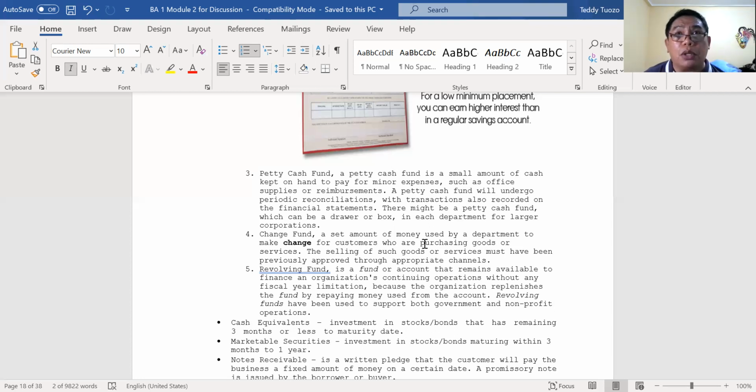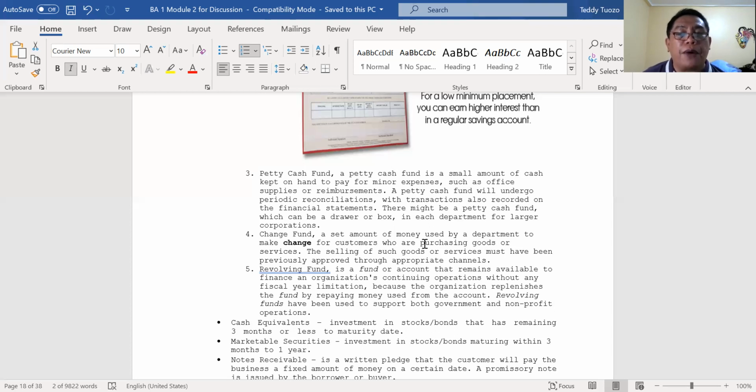So the best way really is to set a maximum amount to be left as change fund for every teller or cashier of any firm or company. So change, from the word itself, is really for giving change.